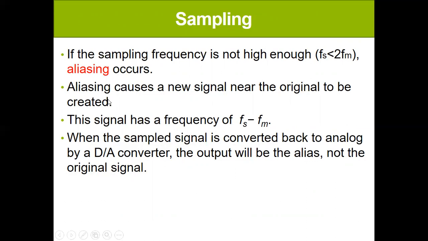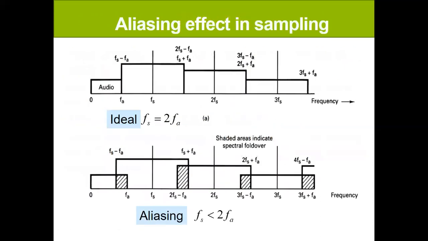Aliasing causes a new signal near the original to be created, with frequency Fs minus Fm. When this sampled signal is converted to digital and transmitted through the channel, and at the receiver reconverted from digital to analog, the output will be different due to aliasing. It cannot be recovered, only an approximation of the original signal.